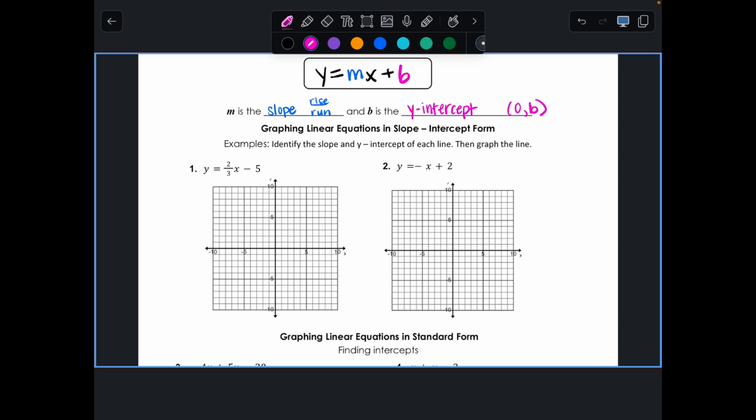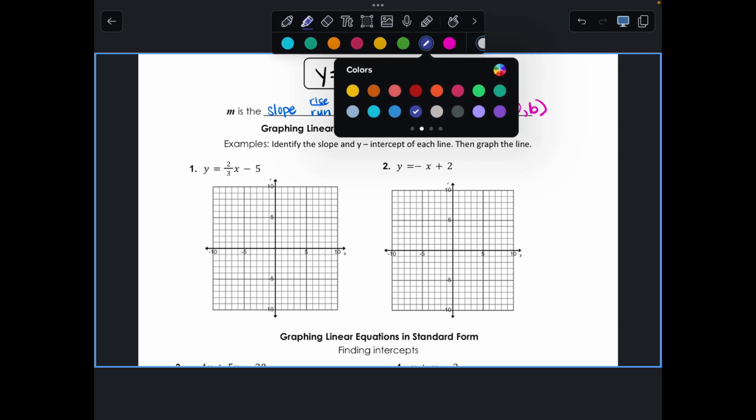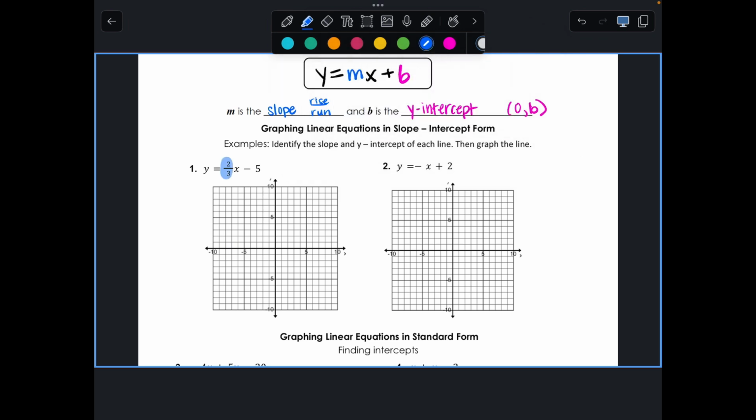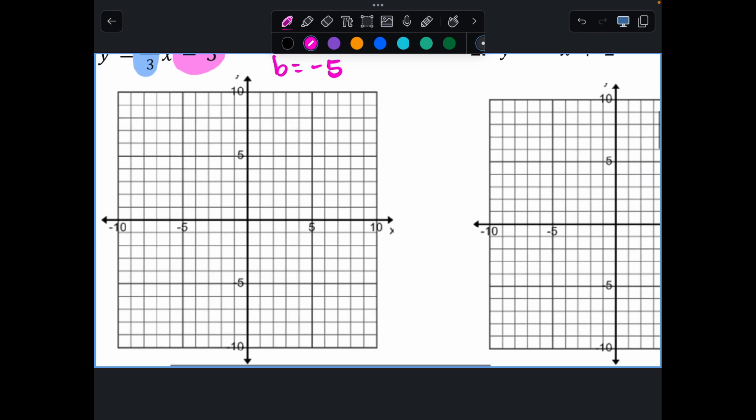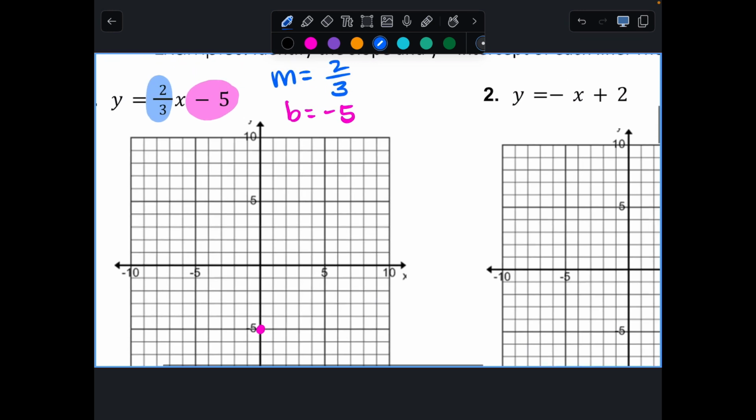Okay, so let's look at number 1. M is 2 over 3. And b is negative 5. So we're going to start by plotting negative 5 on the y-axis. That's your first point. Now you're going to use your slope.